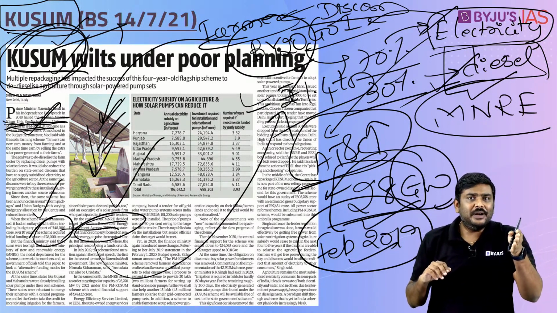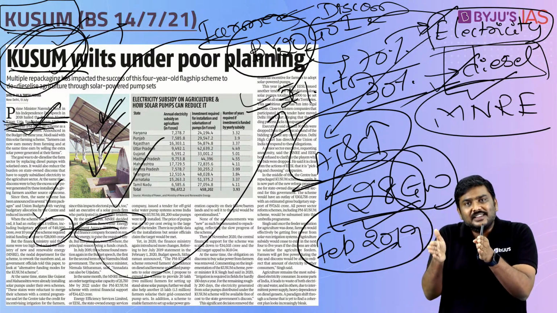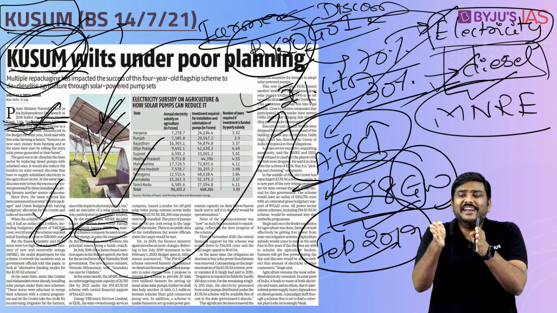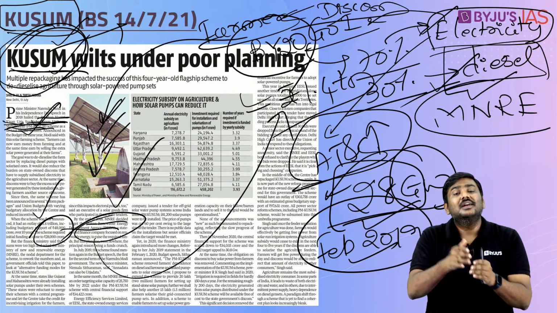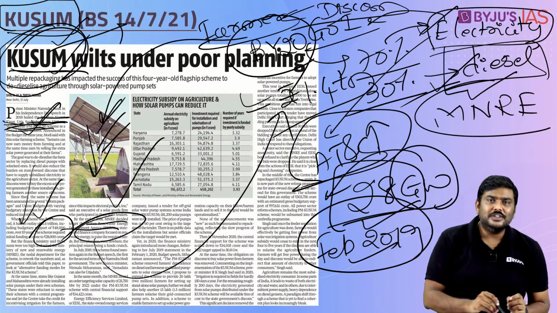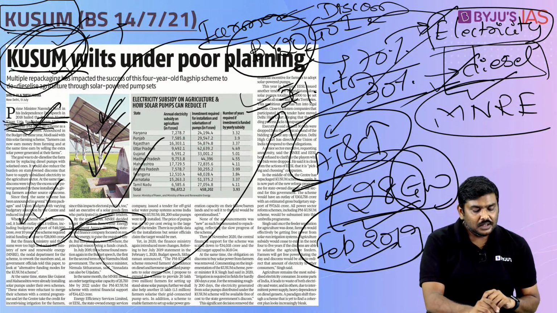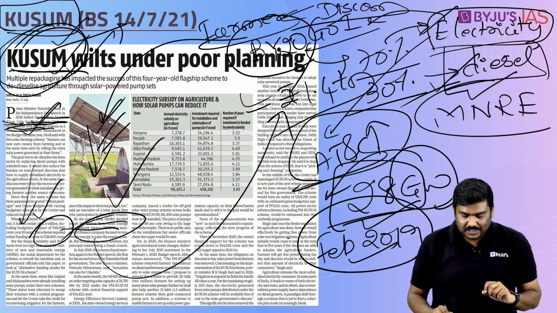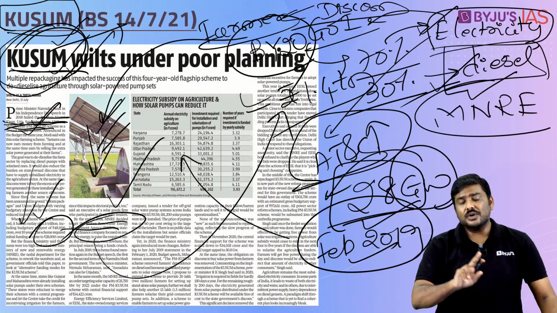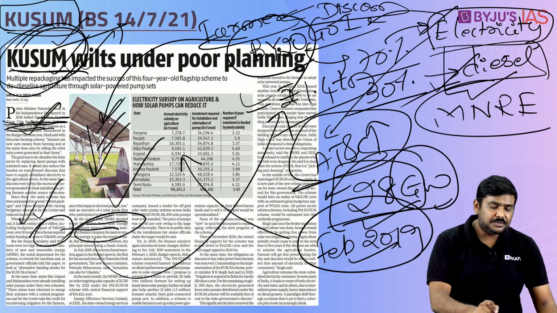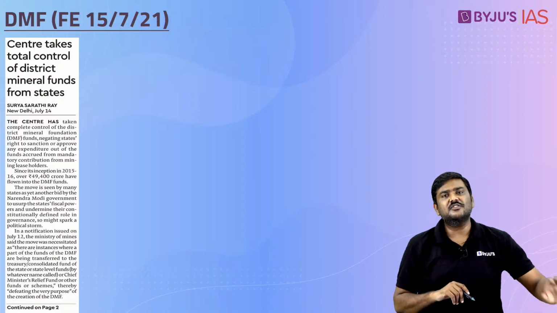So when central government also announced a scheme, these states, it is said, were not willing to integrate their scheme or merge their scheme with the central government scheme. That also has been one of the other issues with respect to implementation of the Kusum scheme. So these are some of the important points related to this scheme. If at all a question is asked on evaluation, please be very careful with respect to these points.